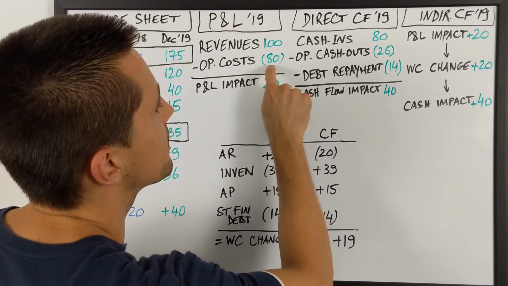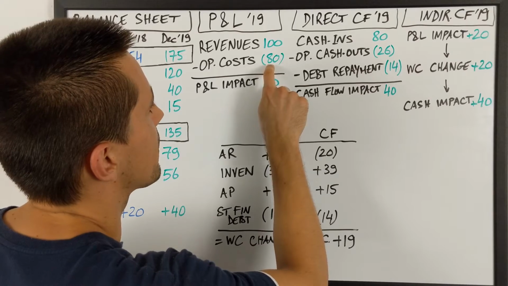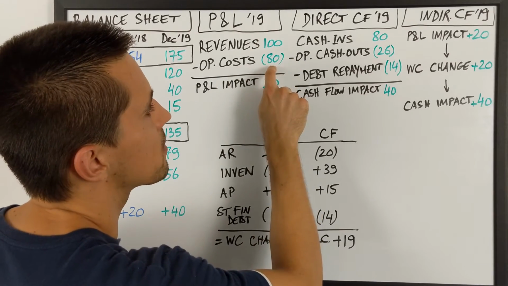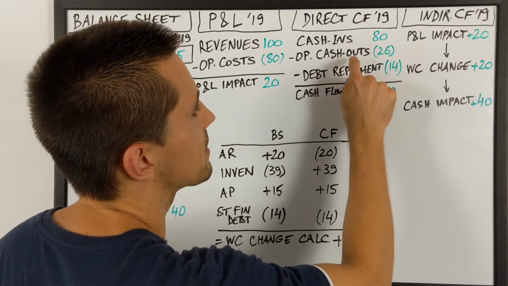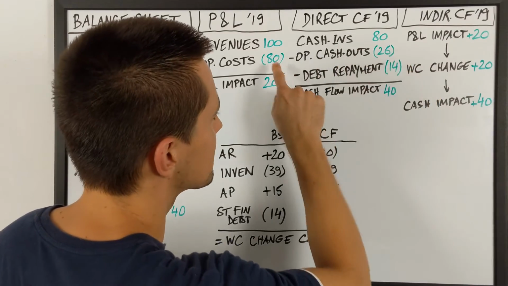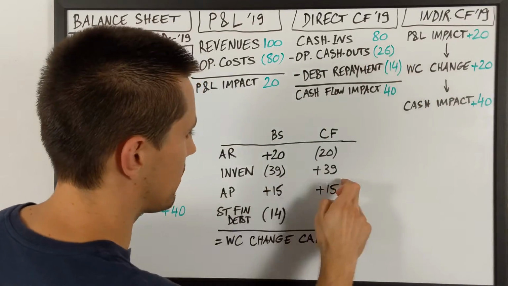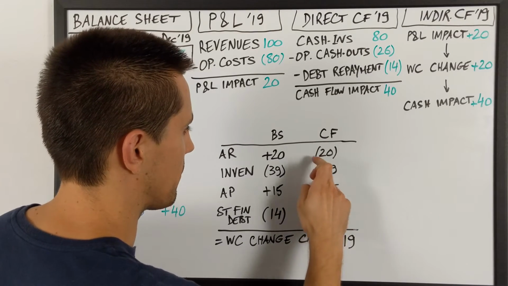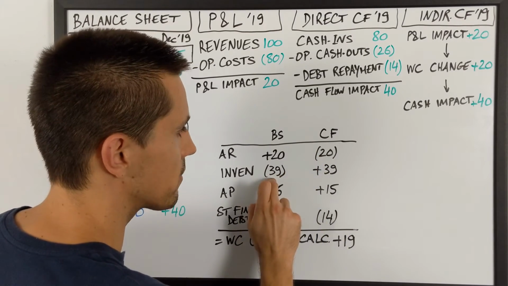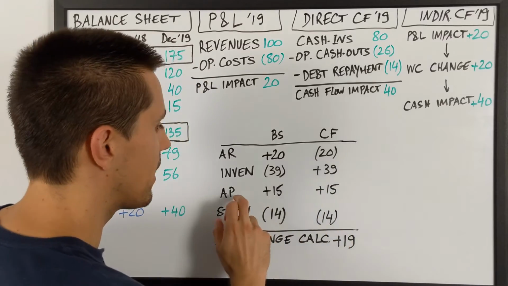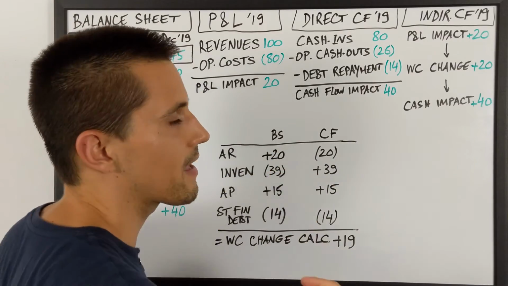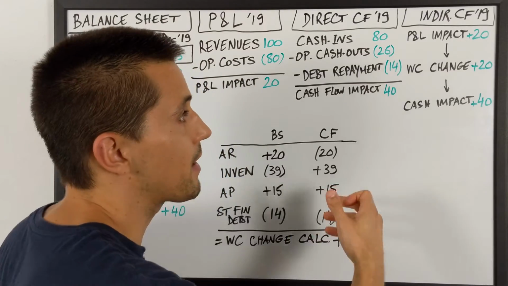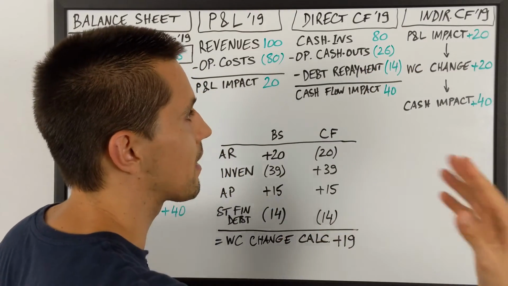So if you look at the impact from my P&L, my operational cost of 80 only hit my operational cash outs by 26, because the difference is linked to the decrease of inventory, which has a positive cash effect, as well as the increase of accounts payables, which means I'm paying my suppliers later.